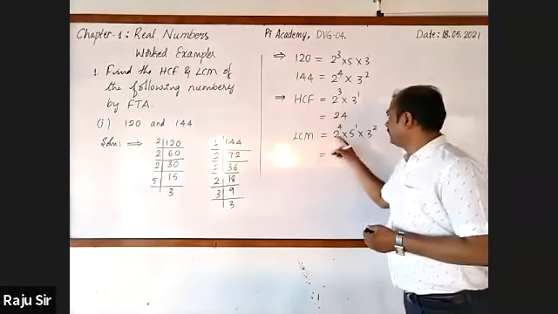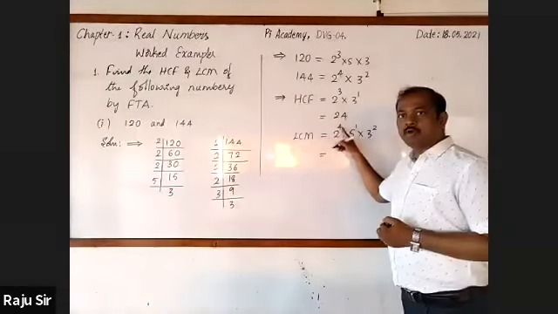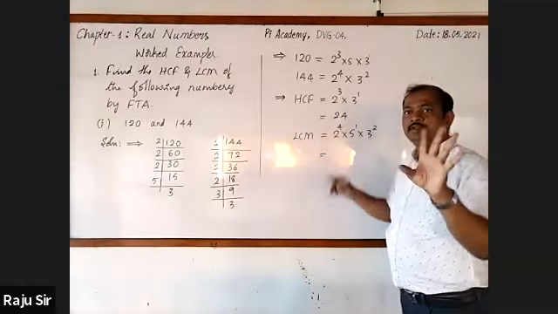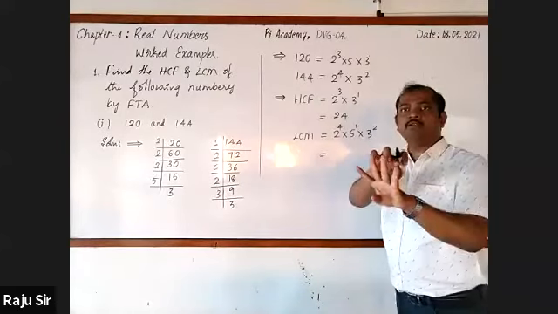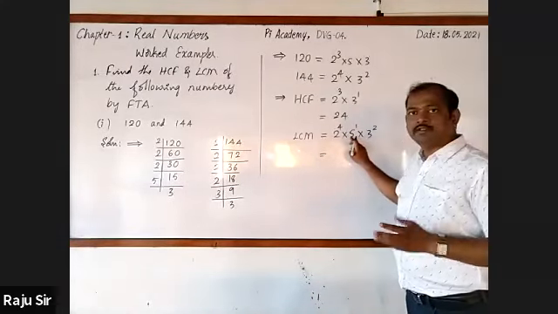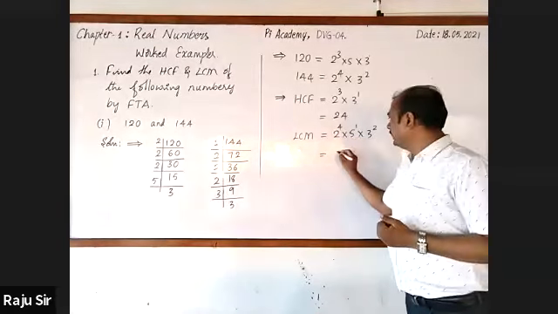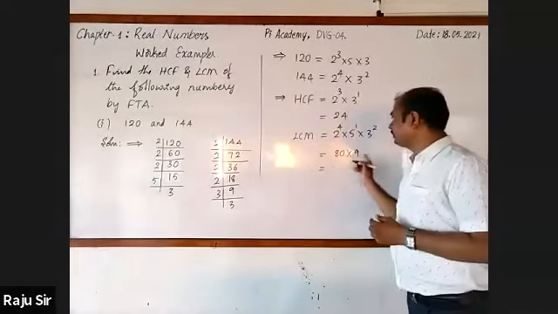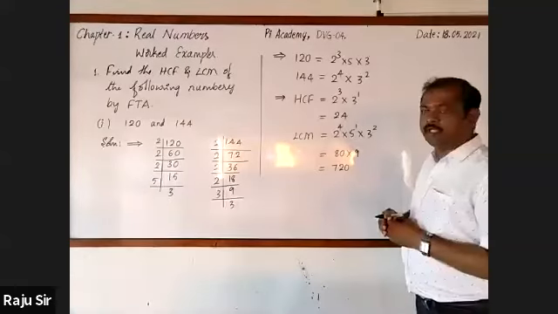Next, here 2 raised to the power 4 is how much? 16. 2 2s are 4, 4 2s are 8, 8 2s are 16. Then 16 5s are 80. Then 3 square is 9. Multiply, it is 720. Yes, 720. Very good.